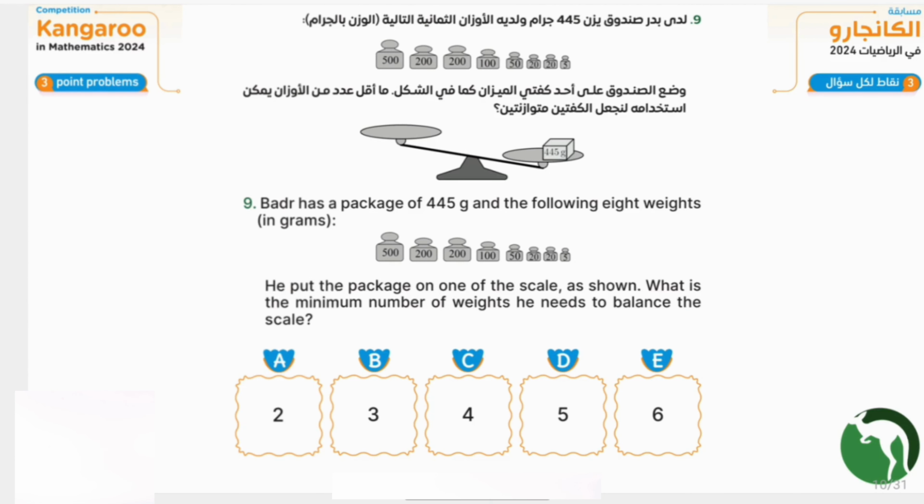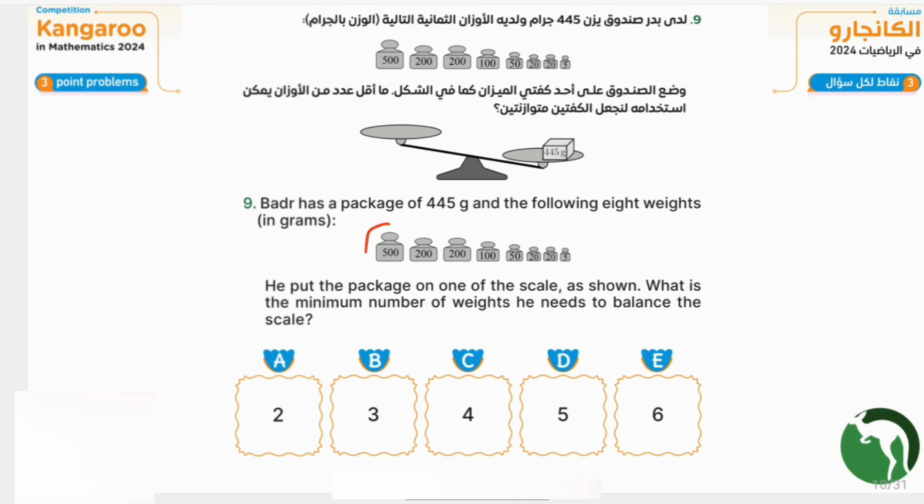Now instead, maybe we can use these 2 on one side with this one. So we will have 450 and we will put this one on the other side, right? And in this case we use just 4 weights, but maybe we can find another suitable answer with 3 weights. Let's check now.